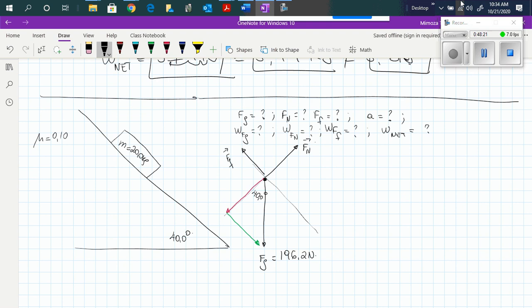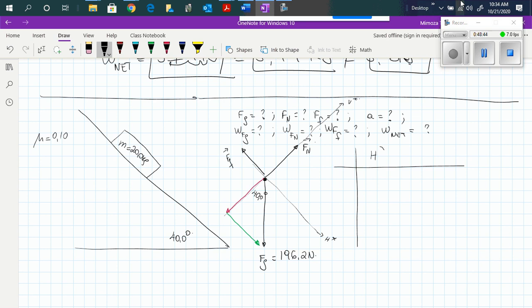Okay, so we'll start with a table. What we have said in the dynamics, we rotate the axis. So now we have a new horizontal and a new vertical axis. We rotate them to be along the surface.